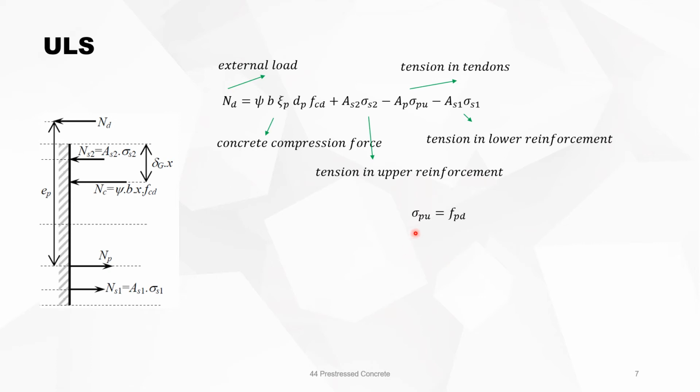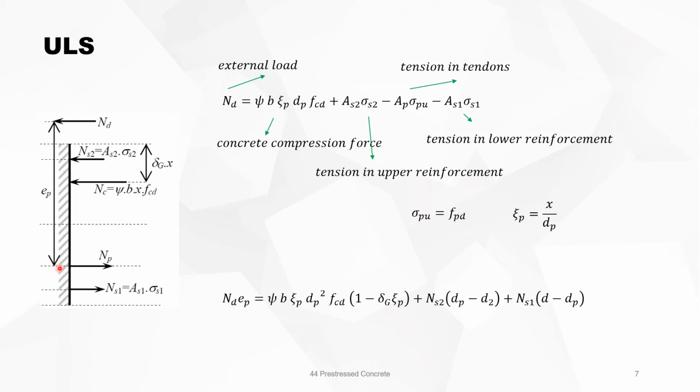Sigma PU is of course equal to FPD, and XCP, what we have used here, is just the dimensionless measure x divided by dP. So then you got x FCD times psi b, which is the total compressive force in the concrete.